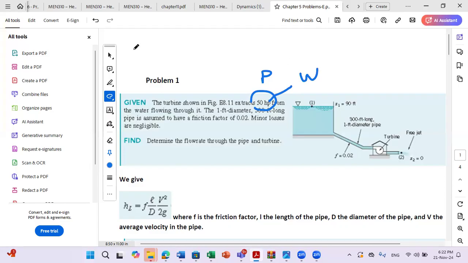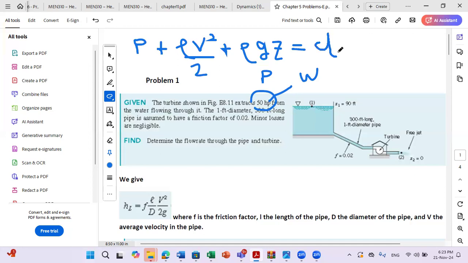So if you remember when we discussed Bernoulli equation, we said that it can be written in several forms. Okay, it depends on the unit of the term. So one of the possibilities is to have all terms in unit of pressure. So we'll have pressure plus rho v square over 2 plus rho gz. So in case we are applying the simplified Bernoulli equation, where we neglect losses, we say that it's a constant.